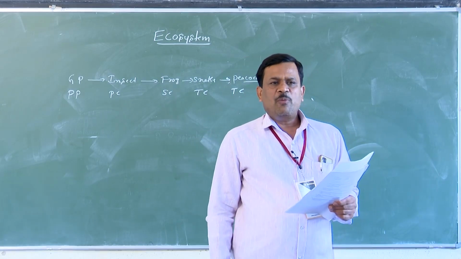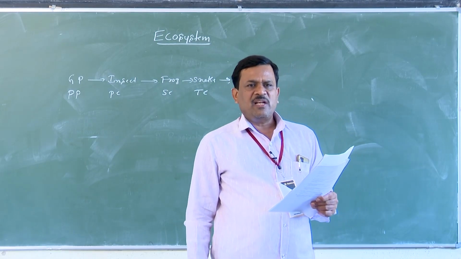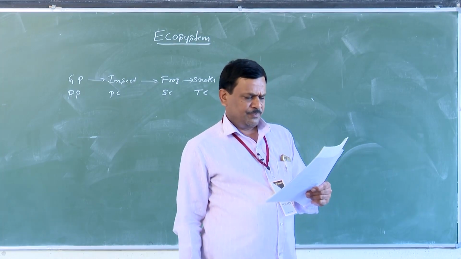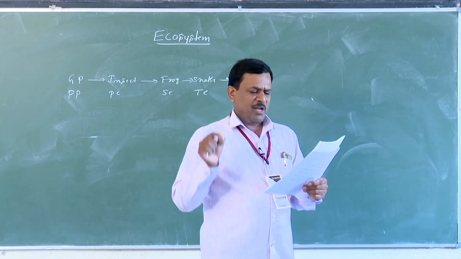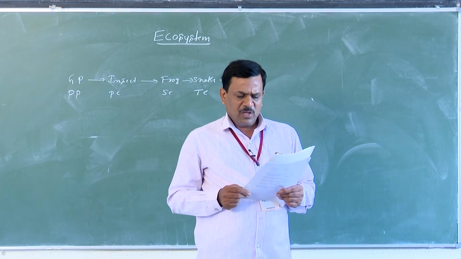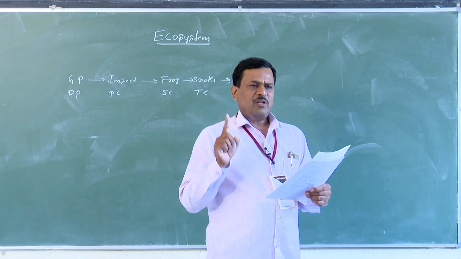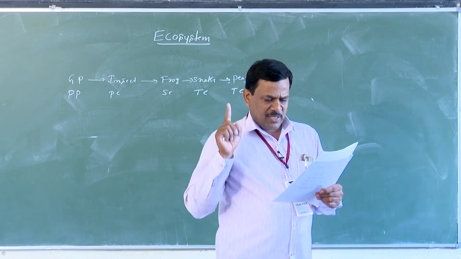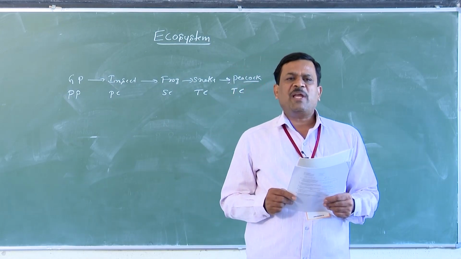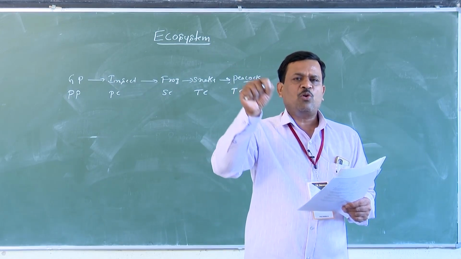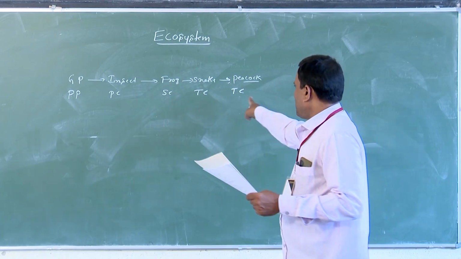The amount of living material present in different trophic levels per unit area at a given time. Trophic levels T1, T2, T3, T4, these are also trophic levels.